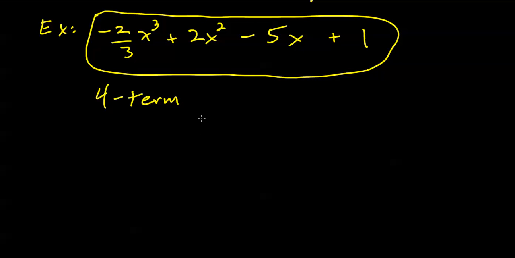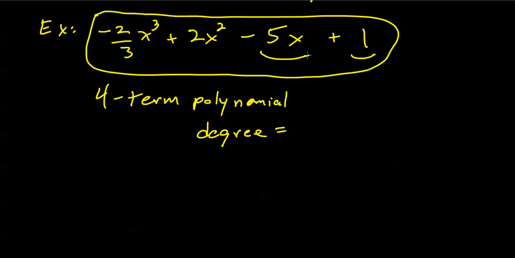I claim this is a 4-term polynomial, and the degree is what? Well, the constant is degree 0. This term is degree 1. This term is degree 2. And this is the highest degree term, that's degree 3. So it's a 4-term polynomial of degree 3. Let's do another example.